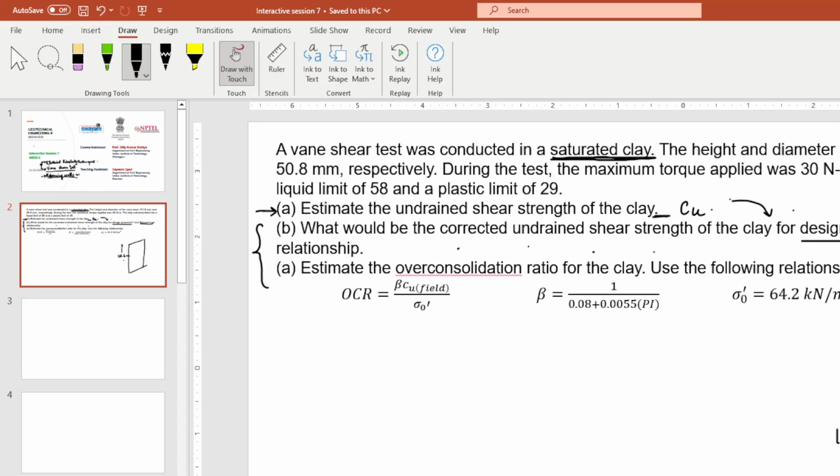It has a diameter of 50.8 mm. Okay. So the maximum torque applied is 30 Newton meter. So let's first calculate the undrained shear strength.